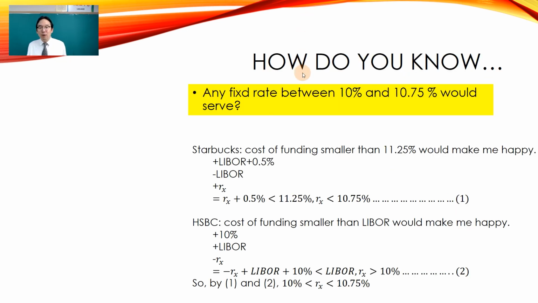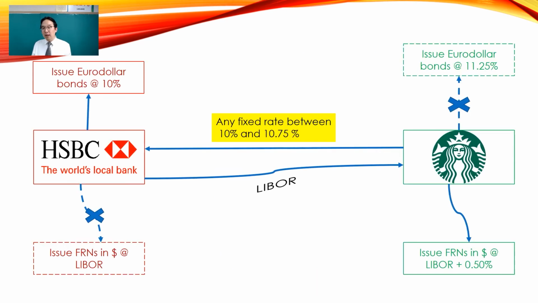What is the Starbucks total, or net, interest expense using this swap contract? They have to pay LIBOR plus 50 basis points every year. And then they receive LIBOR interest from HSBC, which is going to be minus. And then they have to pay a certain fixed RX interest to HSBC.